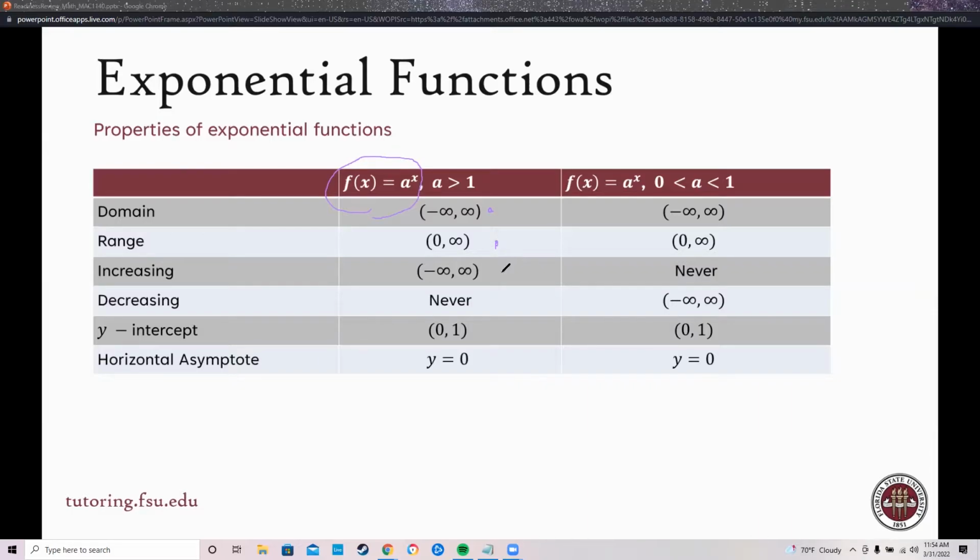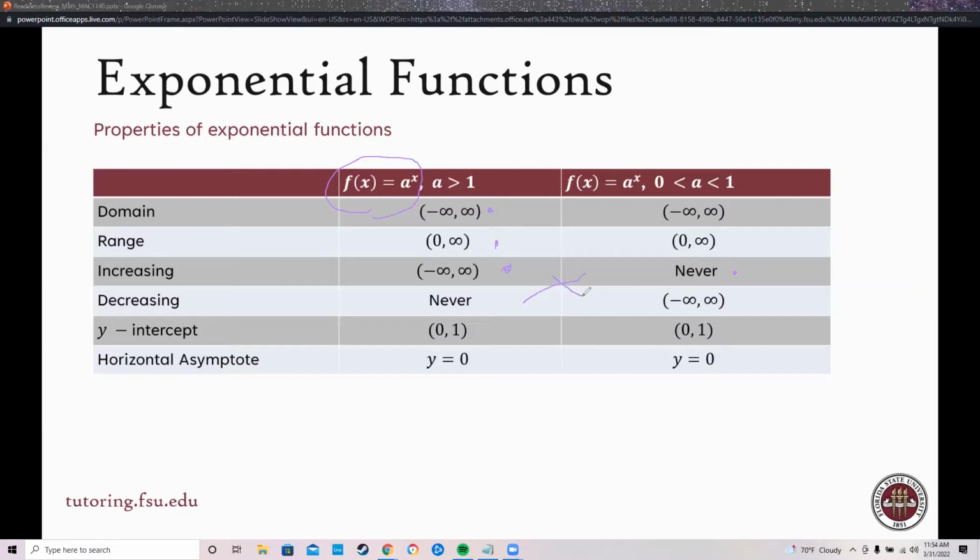As we denoted with calling it the growth factor, when a is greater than 1, then it's increasing on the whole domain. Whereas when a is less than 1, it's not increasing, it's decreasing. These two properties flip.